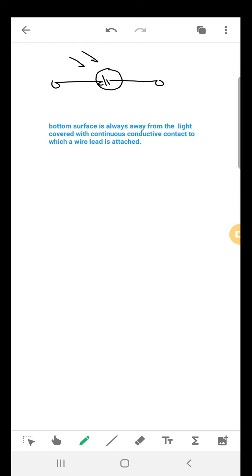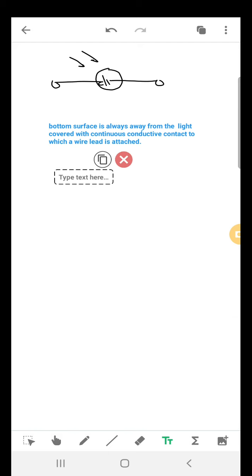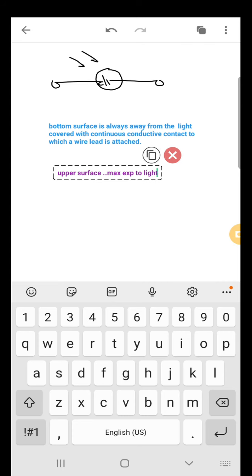In comparison to that, the upper surface has maximum area exposed to light, with a small contact either along the edge or around the ground.